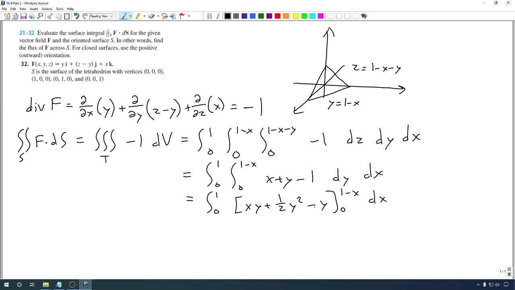Now we do get to plug in 1 minus x for every y and simplify. That involves a little bit of algebra, which I'll go ahead and skip over. But we end up getting negative 1 half plus x minus 1 half x squared.